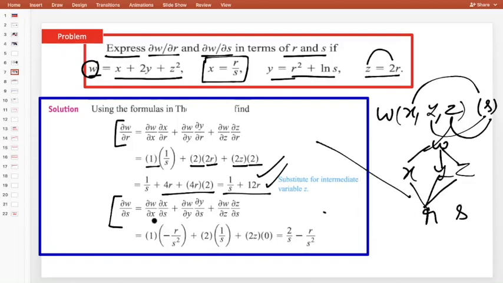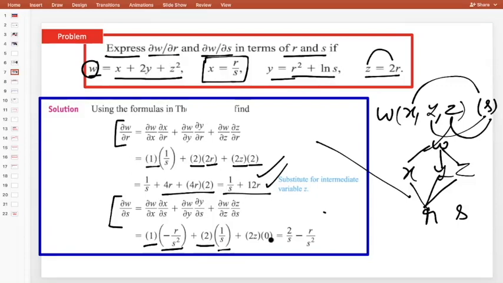So again del w by del x, with respect to s, you will get 1. Del x by del s: with respect to s, r is constant, r will be outside. 1 upon s, differentiation is minus 1 by s square, plus del w by del y, with respect to y you will get 2, and del y by del s, with respect to s, log s is given, you know log x differentiation is 1 by s, right, and plus del w by del z.